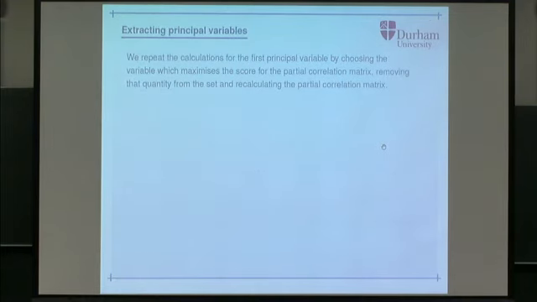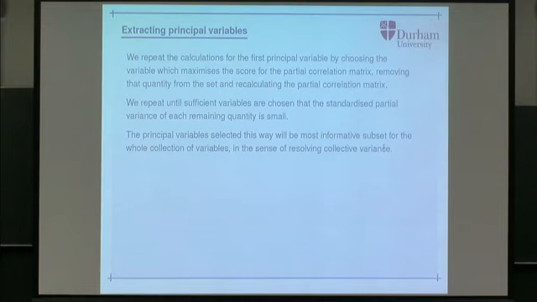Okay, so having removed your first principal variable, you repeat the calculation to identify a second, you repeat the calculation to do a third. Okay, so you repeat until sufficient variables are chosen so that the standardized partial variance in each remaining quantity is small. The principal variables selected this way will be the most informative subset in the sense that if you know them, you can partially recreate everything else, and you can better recreate everything else than by any other subset.